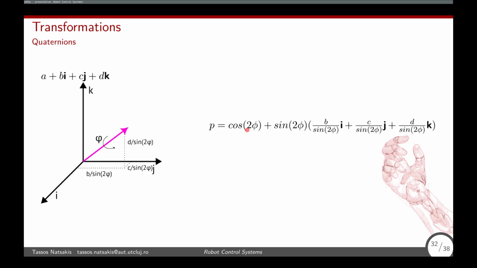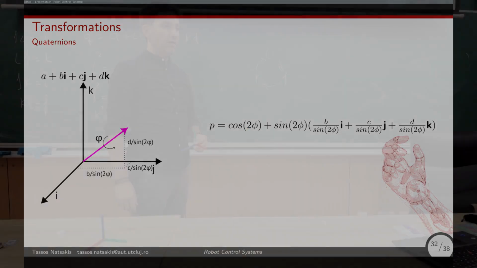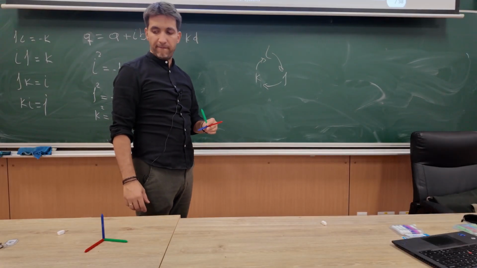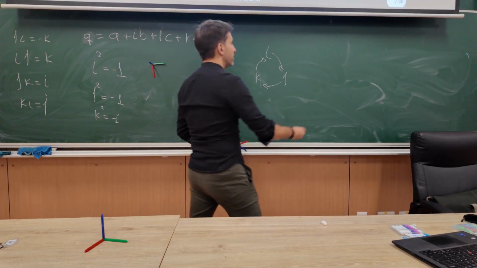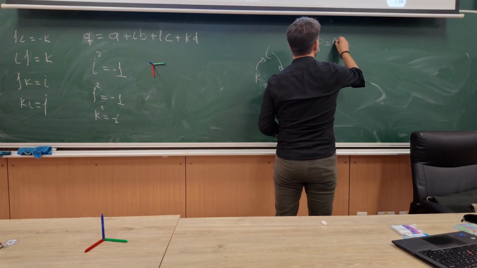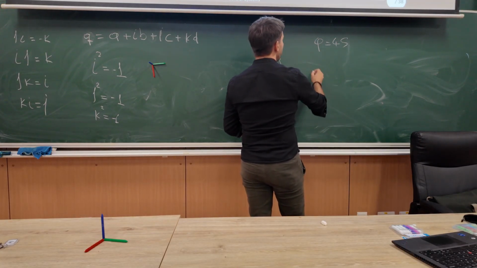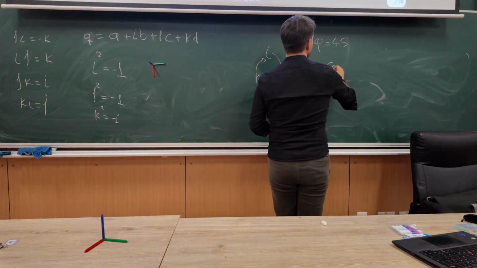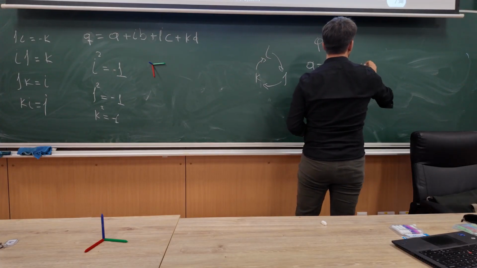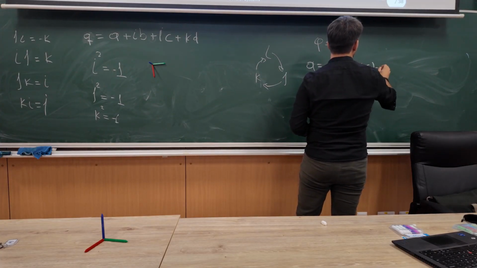So if I rotate, let's say, by 45 degrees, if my phi is 45 degrees, A will be the cosine of 2 times 45.